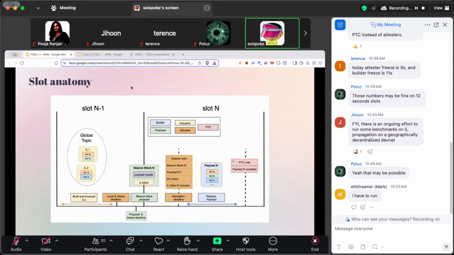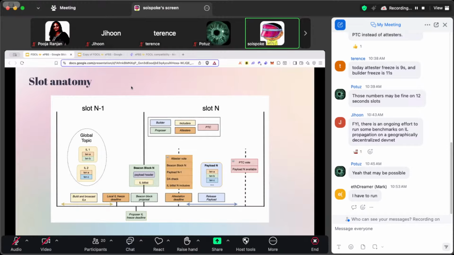You can do it here, you can do it to me, you can talk to Jihoon, you can do it on ACD. But I think it would be nice to have clear opinions from devs that are actually looking at the code and have started implementing these features.